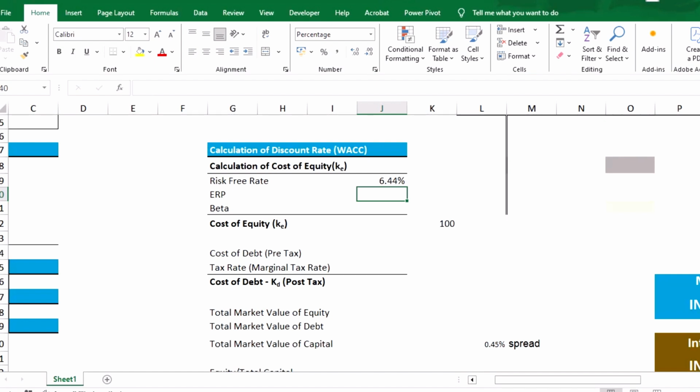So we have included the risk-free rate. If the individual is taking the risk, he expects the returns to be more than the risk-free rate. Next, equity markets are in general more risky than other instruments like debt. So for that we take the equity risk premium. It is a premium that an investor charges for investing in equity shares.